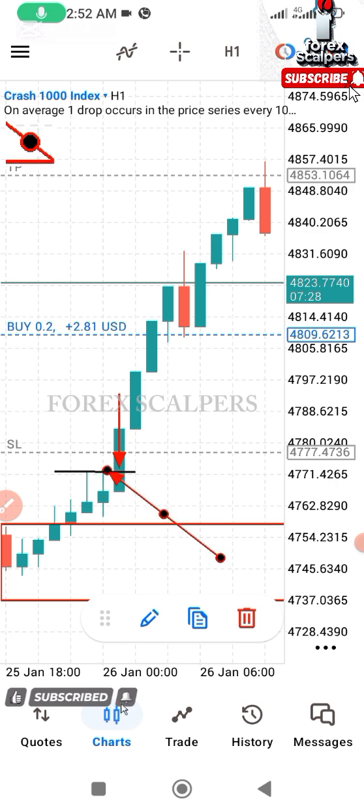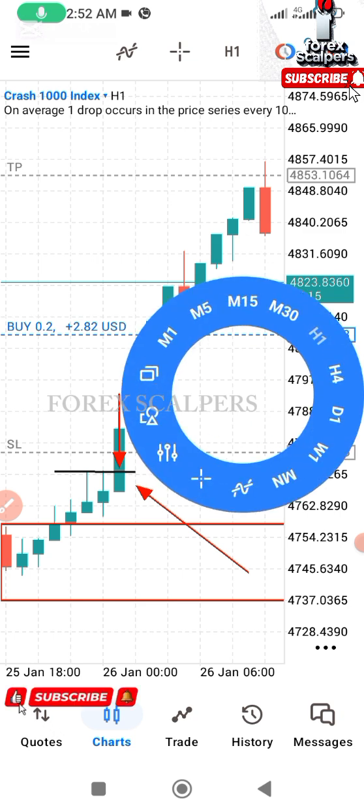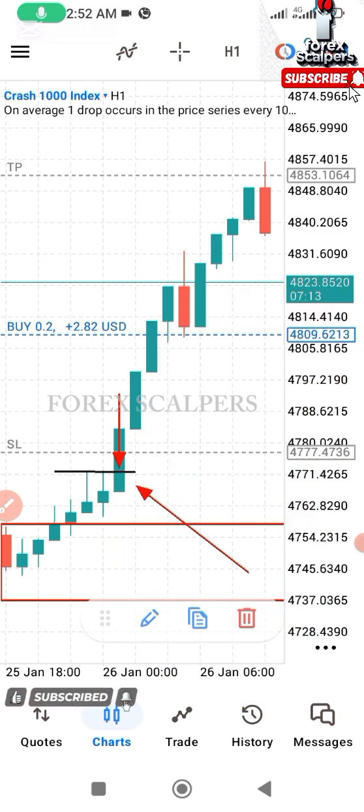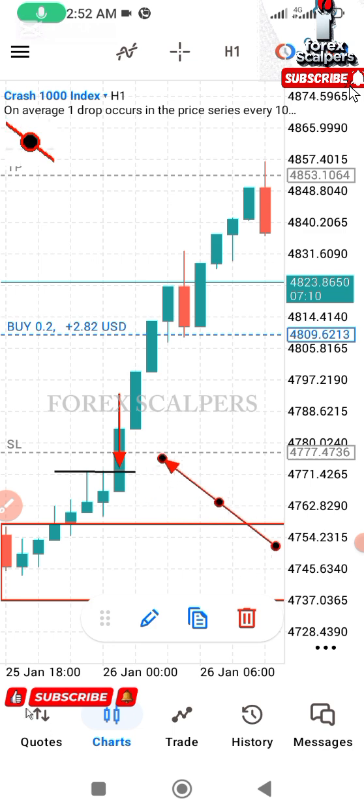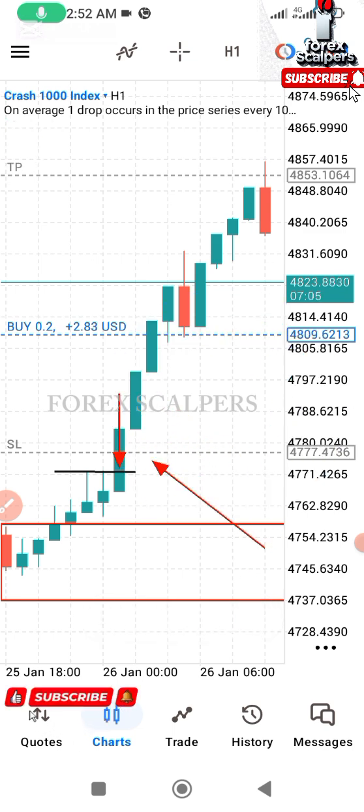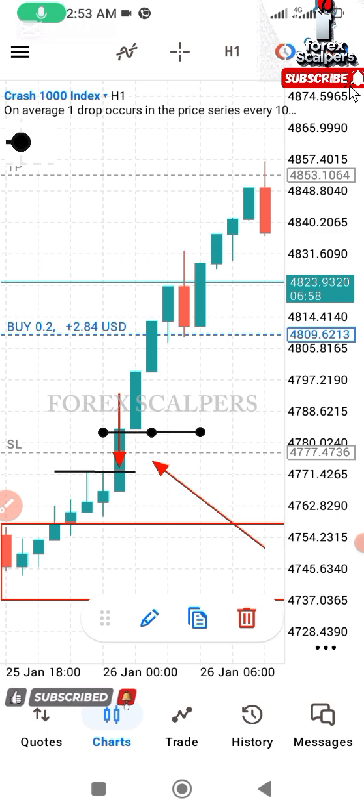So the high of the previous candle before the candle under consideration, which is this candle with the arrow sign. Then we mark the low of the candle after it. So here is the low. We are referring to the low of the candle after the candle under consideration. So here is the low of it.